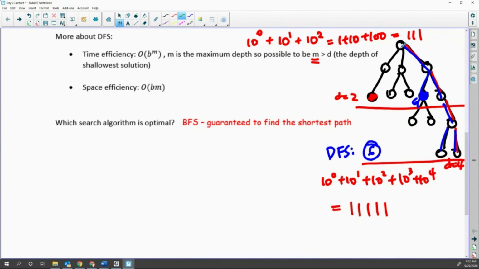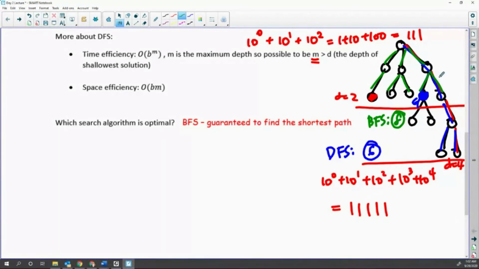I'm going to search 1, 2, 3, 4, 5, 6, 7. Actually, I'm going to search the last one too in the same level, to generate children. So BFS will search 1, 2, 3, 4, 5, 6, 7, 8 nodes. So in that case, BFS is worse.